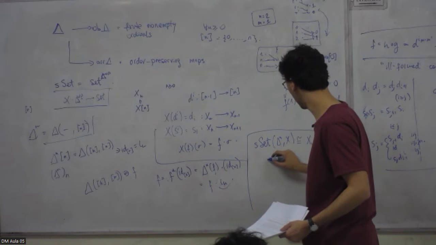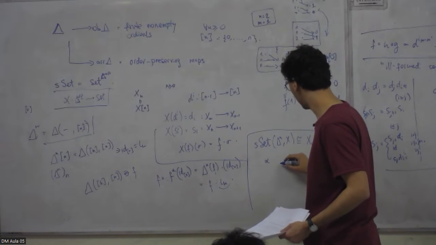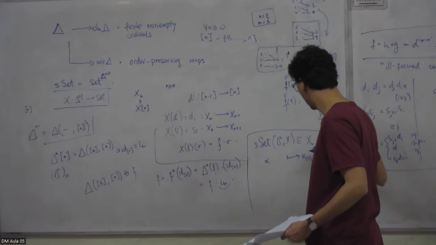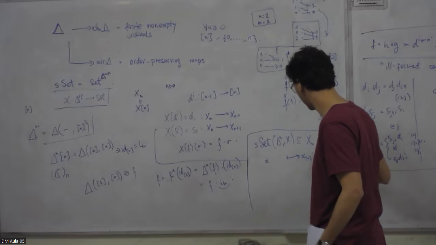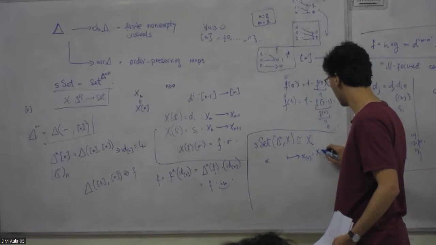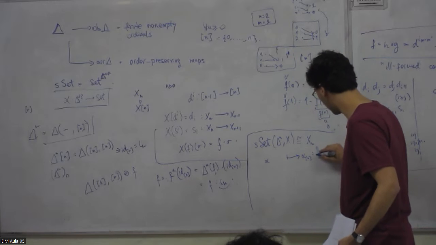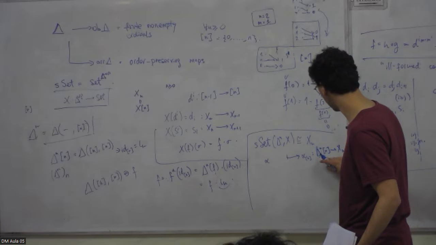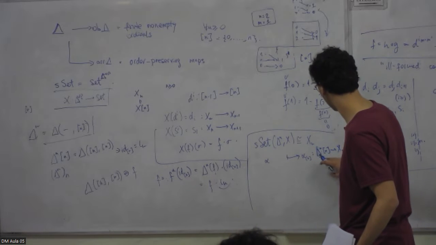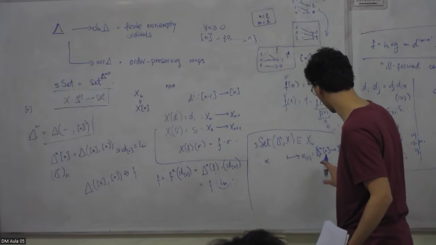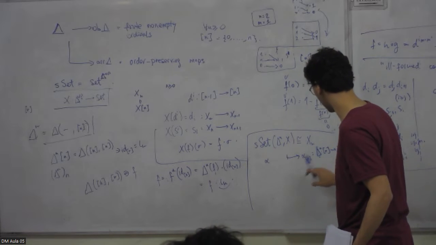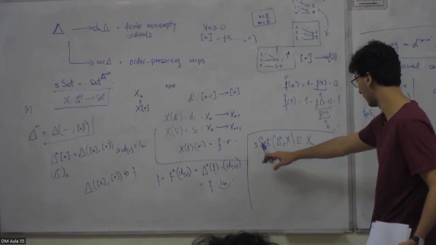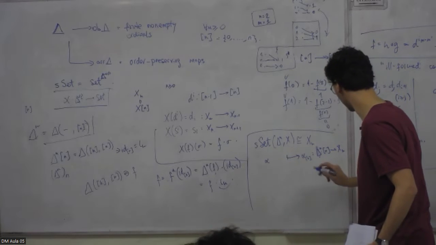Let's call it alpha, and this alpha has its component at n, which will be someone who goes from this guy to this guy, right? And here you have the identity, and here you want to see what it maps to, and the Yoneda lemma says that when you vary the alpha, you get all the possible values, and this is a bijective correspondence, right?